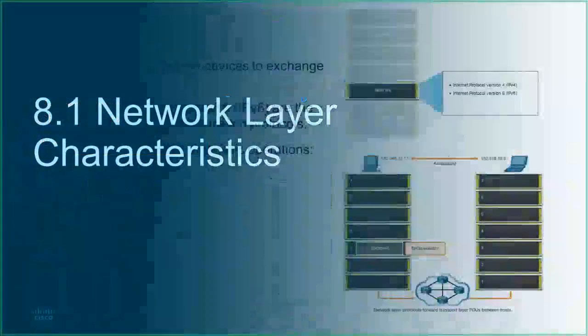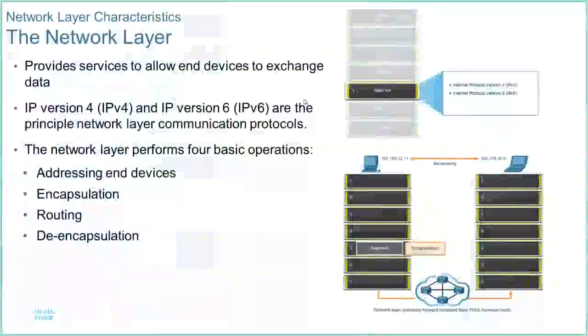Alright, so the network layer is layer 3 of the OSI model, and this is where logical addressing takes place, and the 2 logical addressing protocols we'll be looking at are IP version 4 and version 6, and we'll look at the basic operations of addressing the end devices using those two protocols, how the encapsulation works.